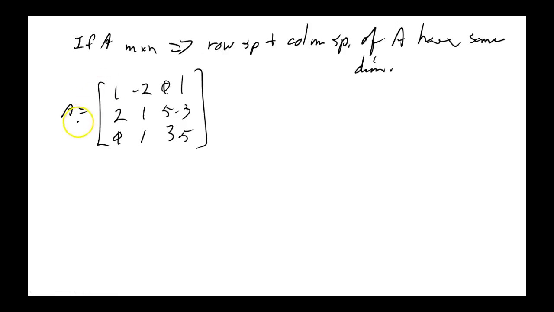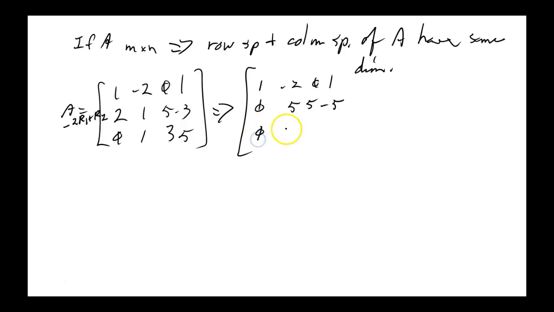Row reduce. Negative 2 times row 1 plus row 2, and we leave the first row alone for now. 1, negative 2, 0, 1; 0, 5, 5, negative 5; and 0, 1, 3, 5. We can probably reduce that to ones: 0, 1, 1, negative 1.